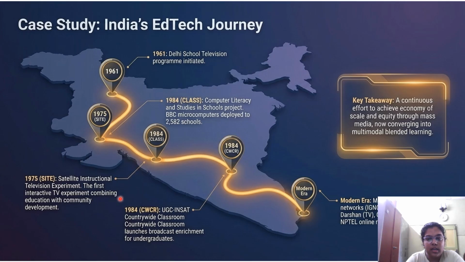In 1984, the CLASS project was taken up: Computer Literacy and Studies in School, with BBC microcomputers deployed to 2582 schools. Then again in 1984, CWCR, the UGC INSET Countrywide Classroom, launched broadcast enrichment for undergraduates.